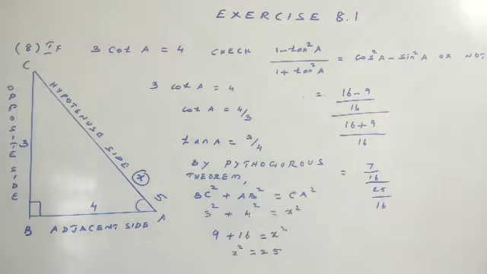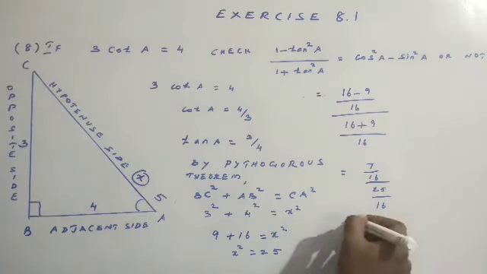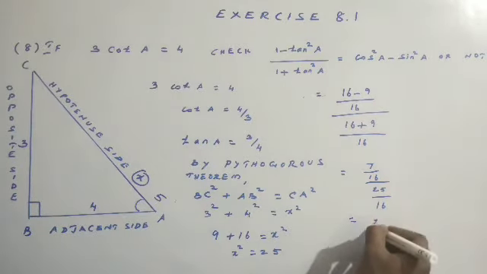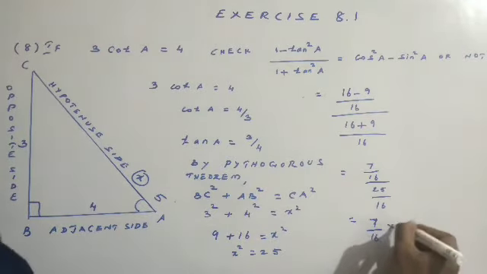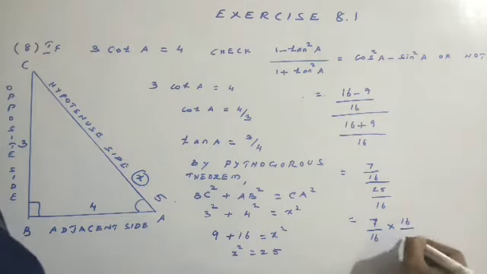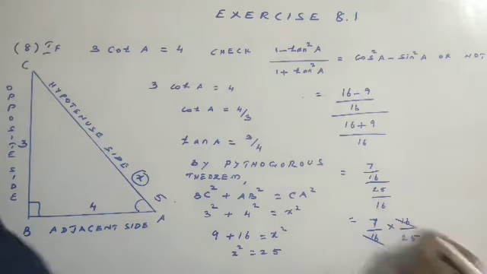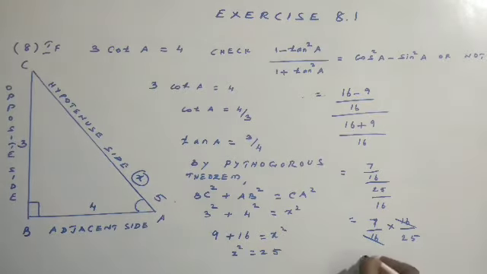Now in the numerator 7 by 16 is a fraction, and also in the denominator 25 by 16 is a fraction. Just reciprocating this value, 7 by 16 into 16 by 25. Now we can cancel 16 and 16, so the remaining value is 7 by 25.